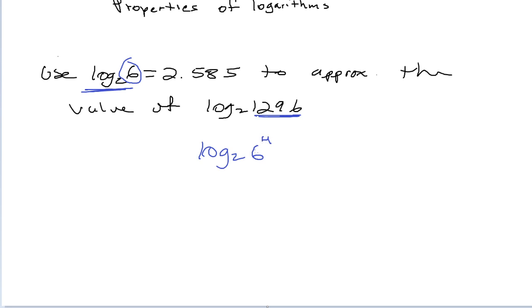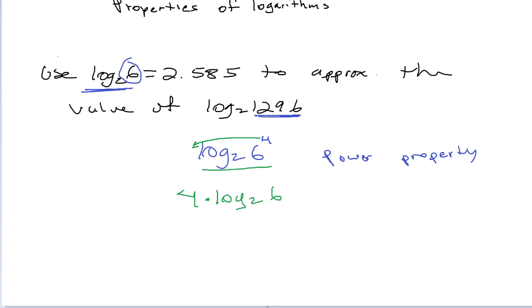So if I look at this, I'm going to utilize the power property. And remember what that states. It says that the number and the exponent can be moved to the front to multiply this entire log. So 4 times logarithm base 2 of 6.